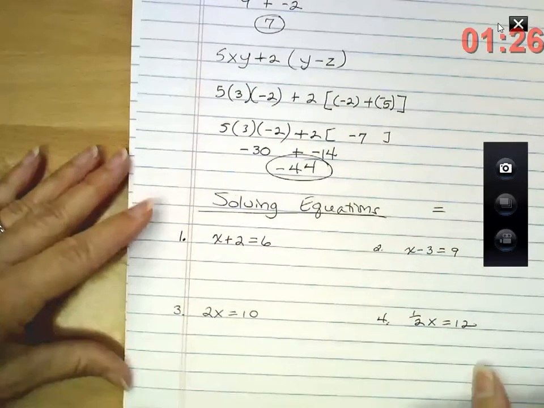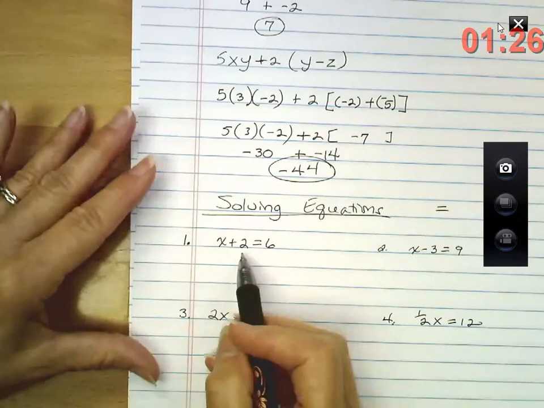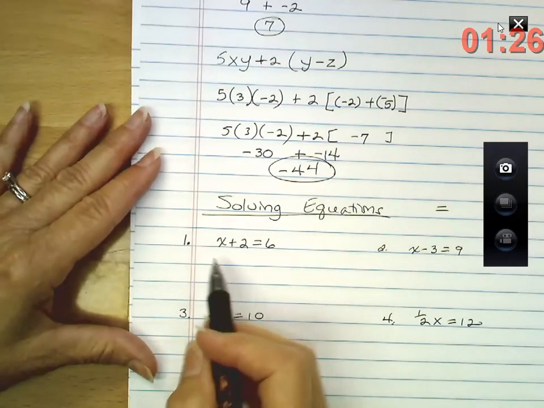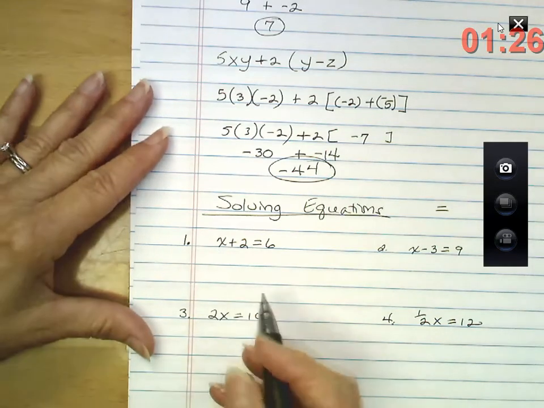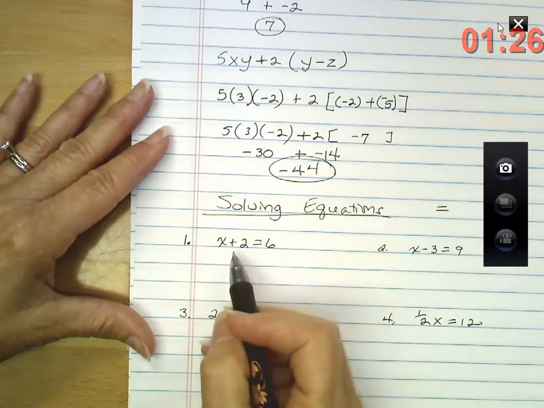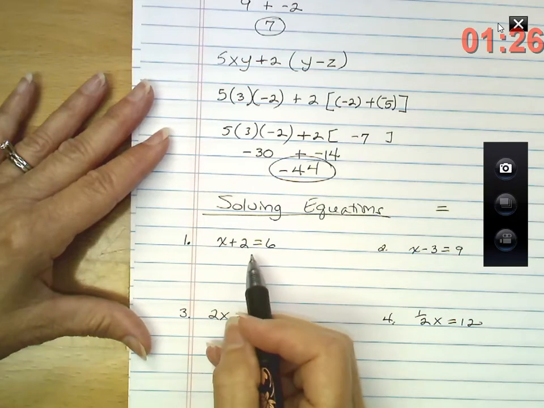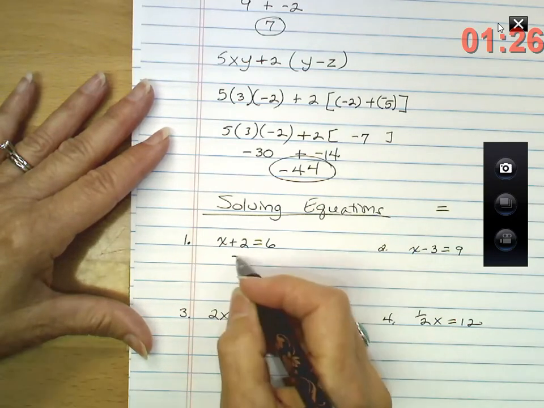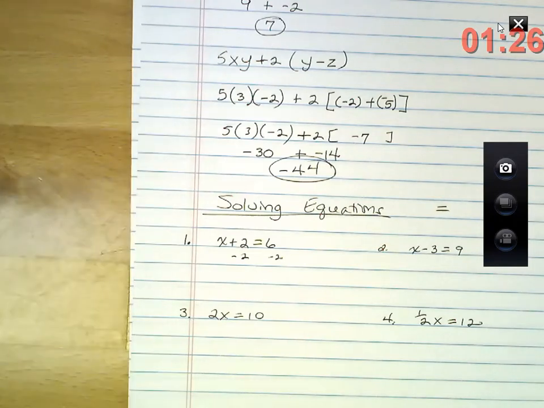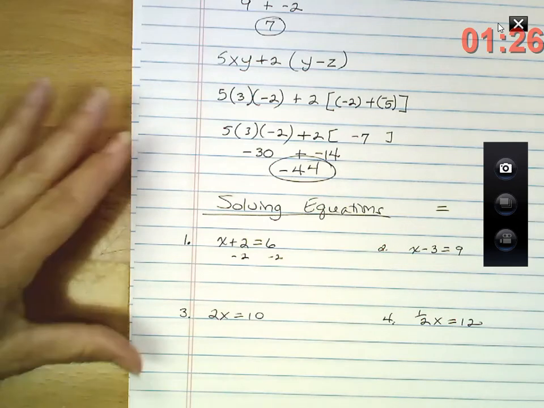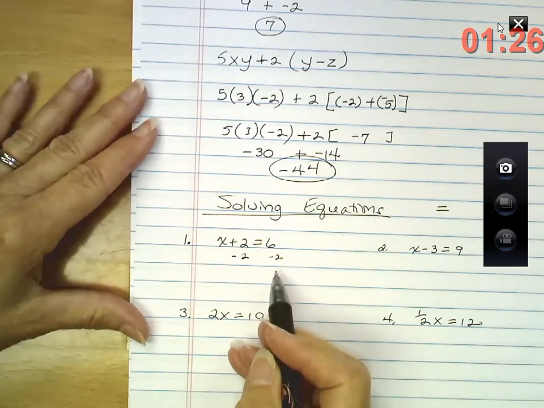Okay, now this one is x plus 2 equals 6. We all know that that is what? A 4. Okay. But what we do on this is we do the opposite. This is adding 2, so we are going to do the opposite, or subtract 2 from both sides. Now, depending on who taught you algebra, which type of book they were using, they may do this underneath it.